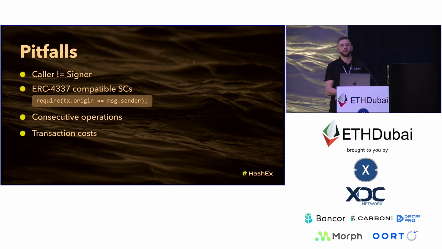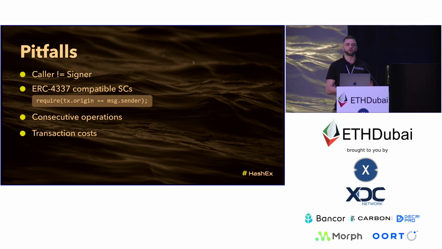First of all, you need to know that the actual caller of the smart contract is not the signer. The EOA, or externally owned account with a private key, who sends this transaction is a bundler. And speaking about the code in smart contracts, usage of tx.origin is quite restricted, as it always points to the bundler.